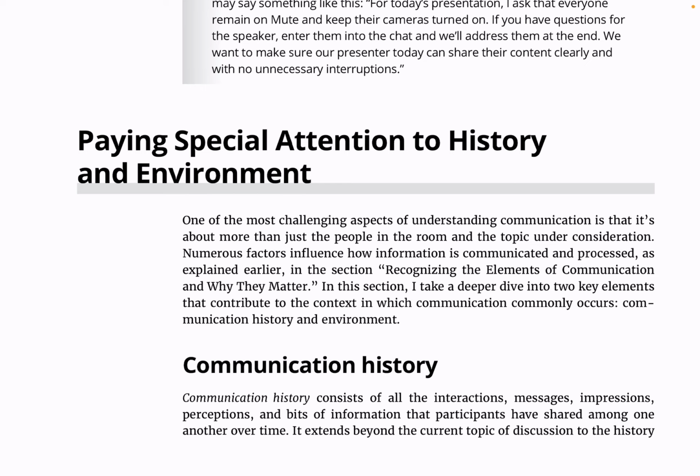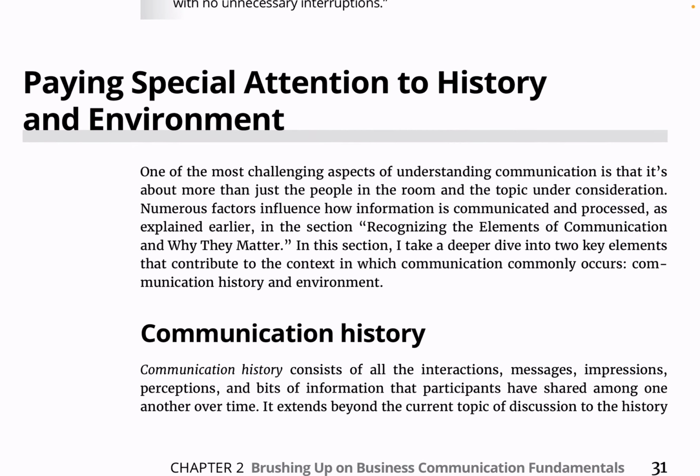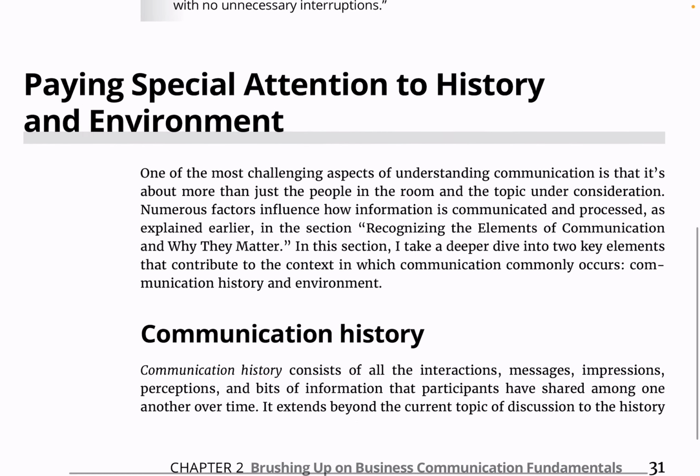Communication history. Communication history consists of all the interactions, messages, impressions, perceptions, and bits of information that participants have shared among one another over time. It extends beyond the current topic of discussion to the history of their relationships with one another.